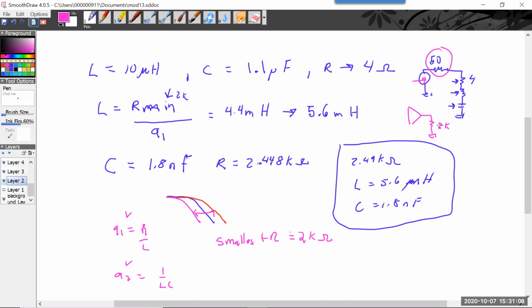It's not exactly 2 kilo ohms, it just has to be bigger. So that gives me a range for L. L has to be bigger than this value, and then I back calculate everything else. Does that help?